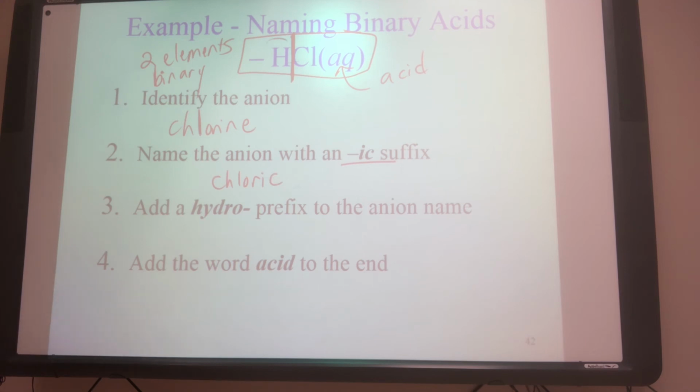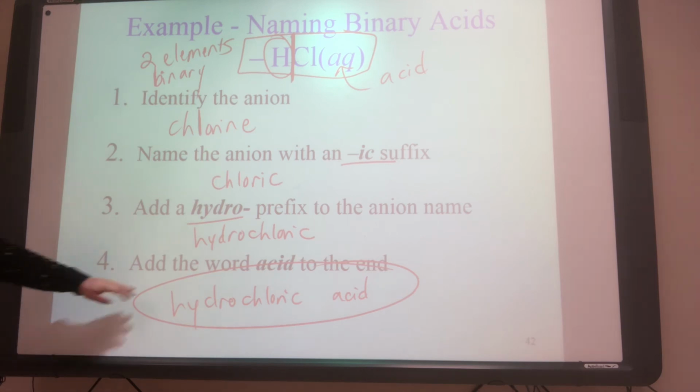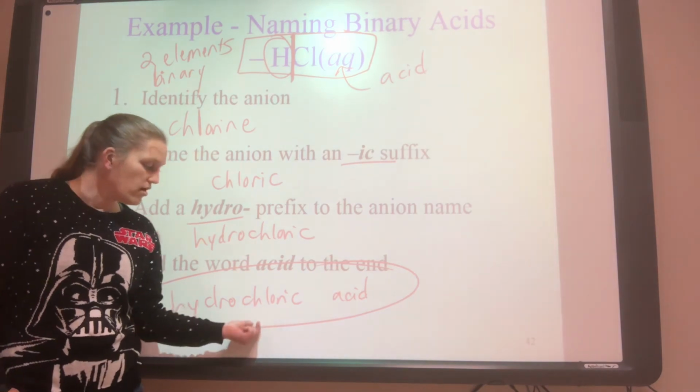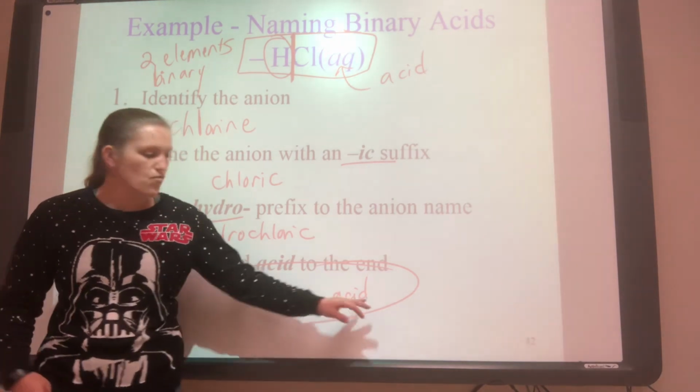To represent the H, I need the hydro, so hydro, chlor-ic, and then the word acid. So hydrochloric acid. So this is how we name binary acids. So hydro, the stem of the non-metal, chlor, the ending ic, and then the word acid.